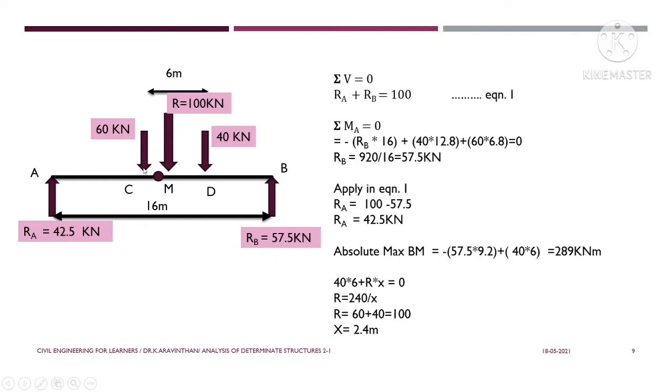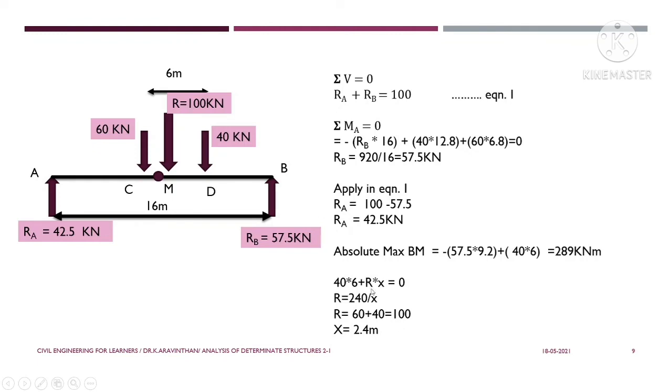Now, what is the distance of the resultant from point C? For finding that, you have to take moment at point C. Forget the girder first, so let us take the loads only. 40 into the distance of 6 meter, so 40 into 6, this is clockwise, and R into distance. This distance we don't know, so we can take it as X, and R into X. Now the resultant is 100.